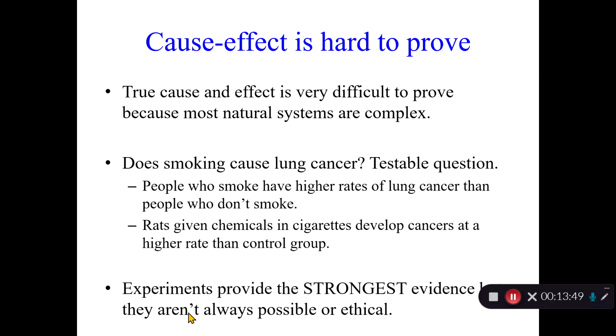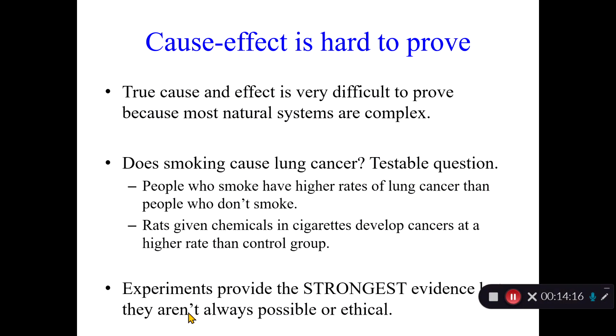Now, this is a testable question, but it can be very difficult to prove, in part because in the case of smoking and lung cancer, our natural body is very, very complicated, right? And we have a time lag, right, between years of smoking and when your cells might develop cancer, all of that. So what kind of evidence could we gather to test this question?